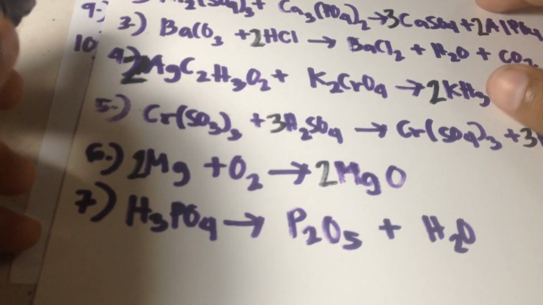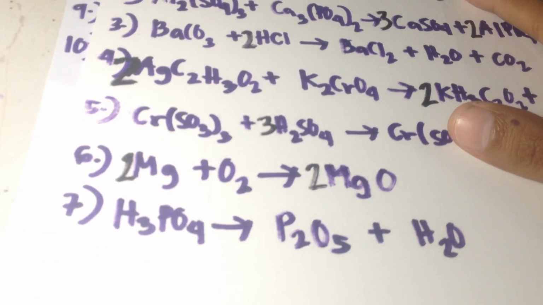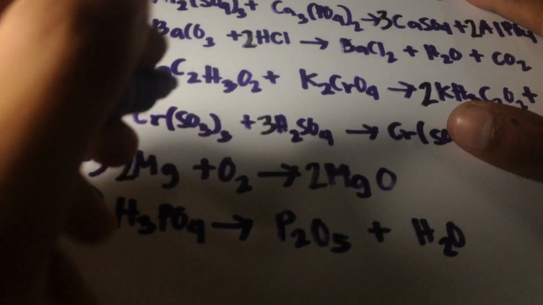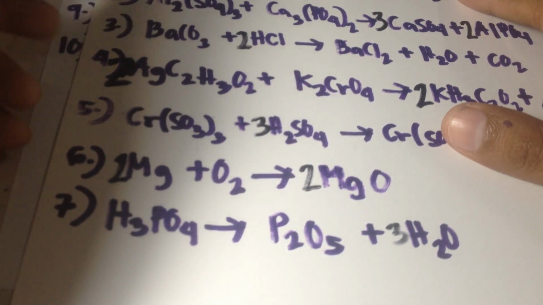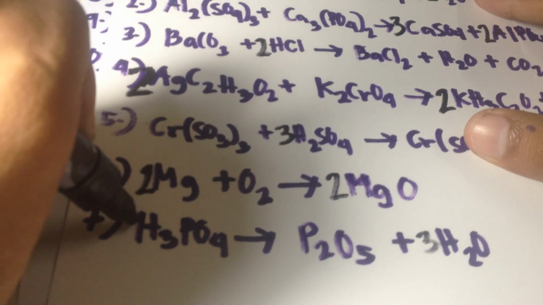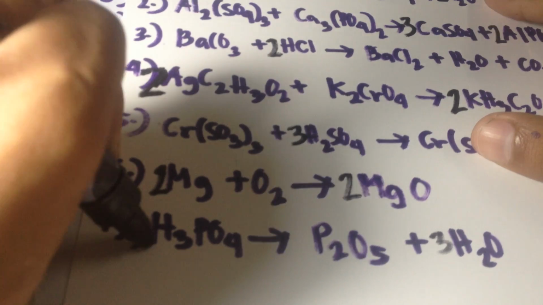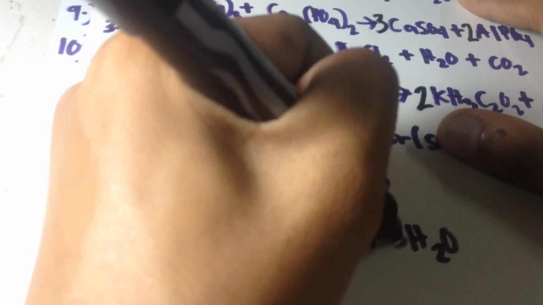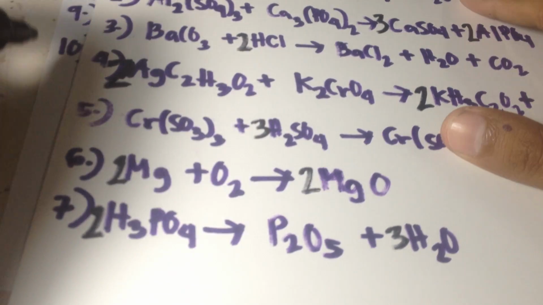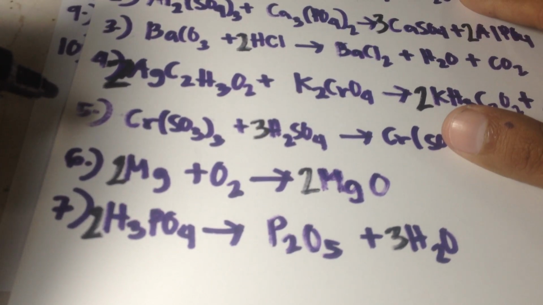So we need to balance. So let's balance the reaction. So it is 3 here, multiply by 3. And here, multiply by 2. Three and 2. So the reaction is balanced.